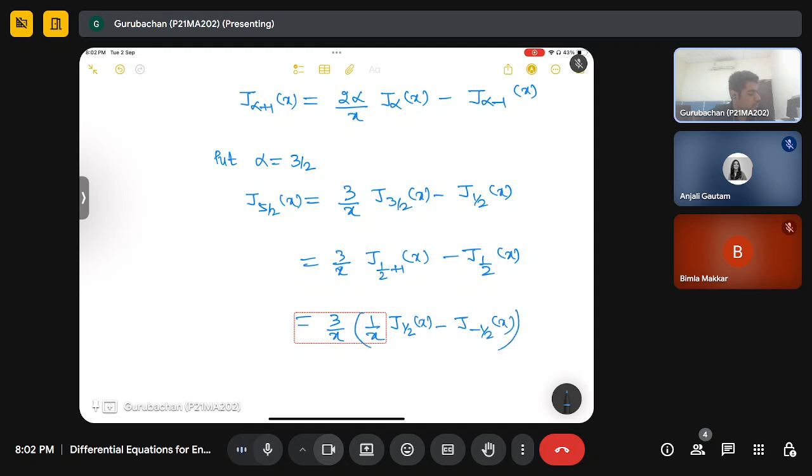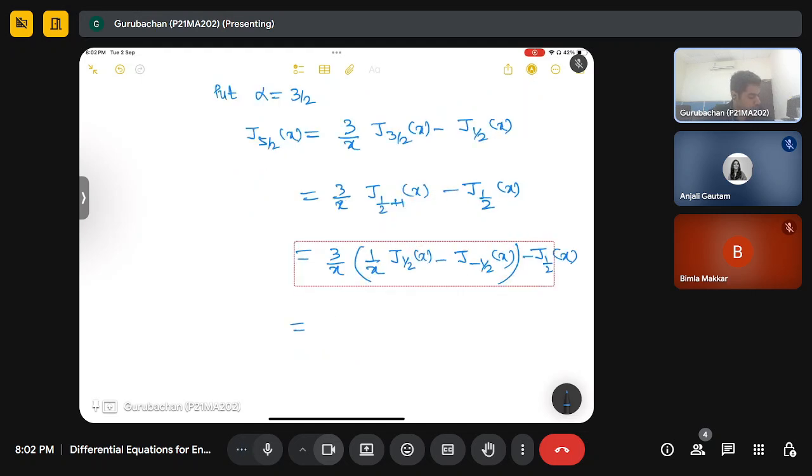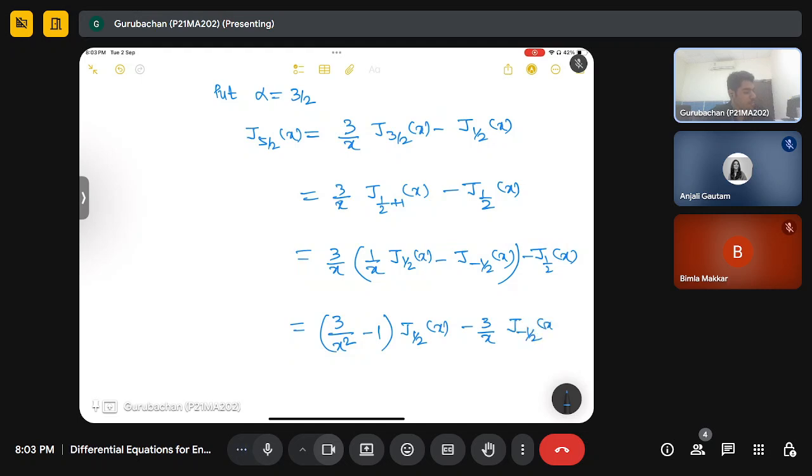Multiplied by 3 by x, minus J half of x. So this will give you 3 by x square minus 1 of J half of x minus 3 by x of J minus half of x.